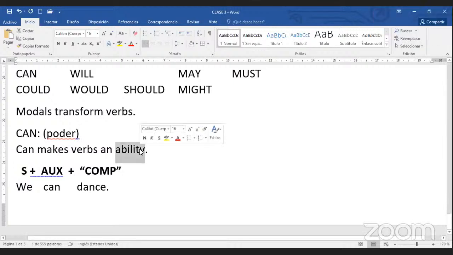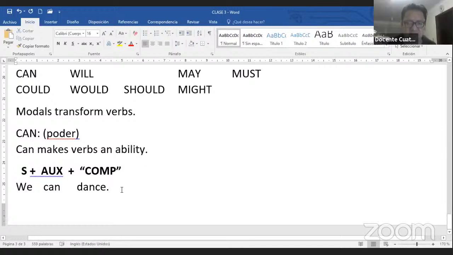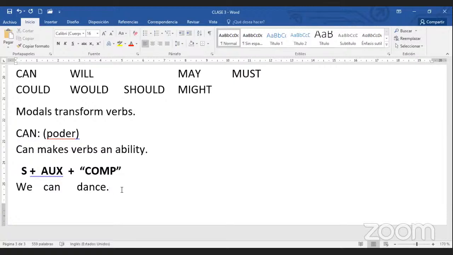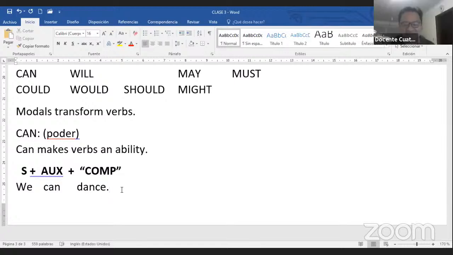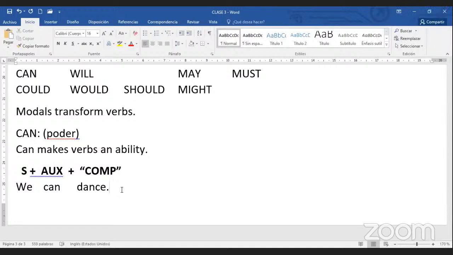una habilidad. Y Liber, ¿qué palabra le asignamos a can para entenderlo más rápido? No es su traducción, pero ¿qué palabra le asignamos a can en español? Poder. No es poder como power, solamente la intención.